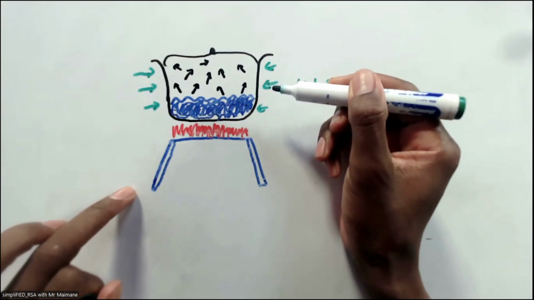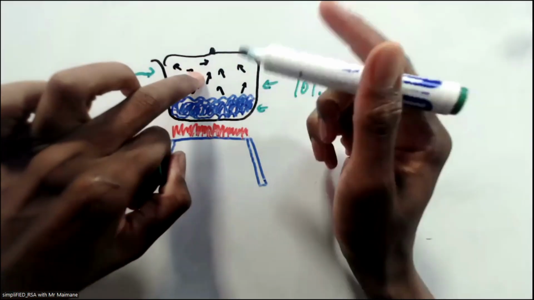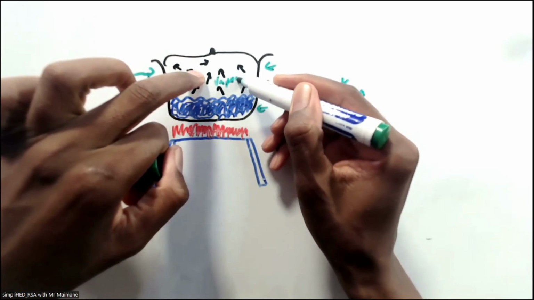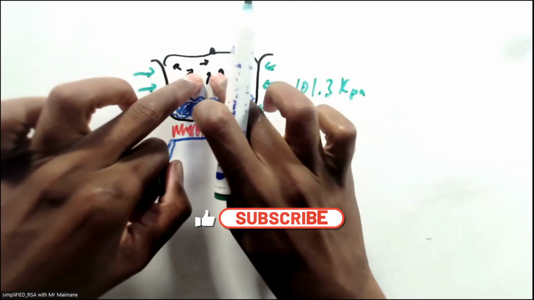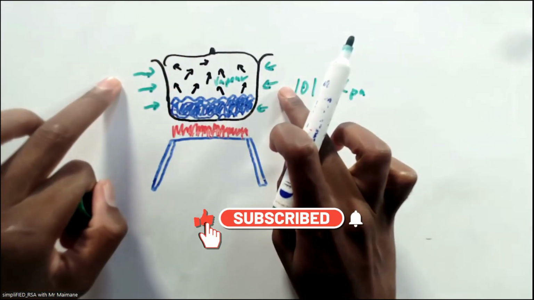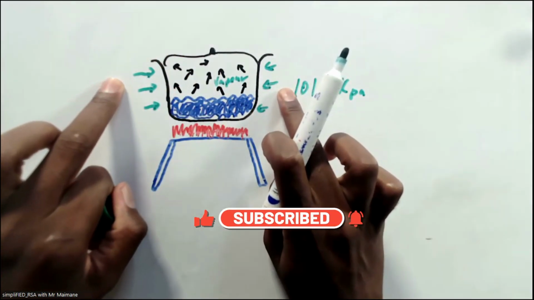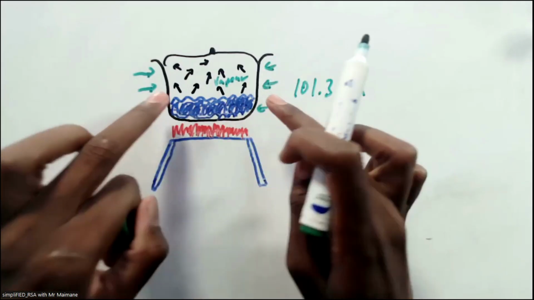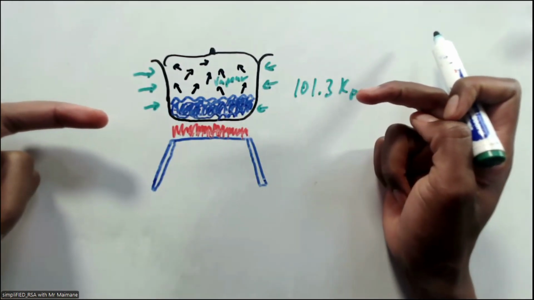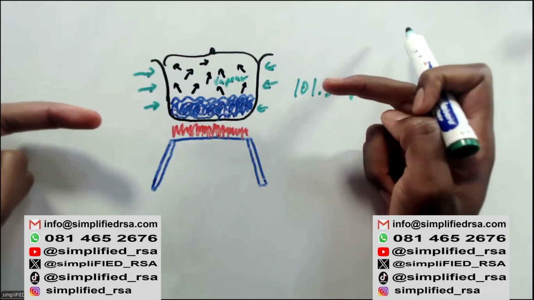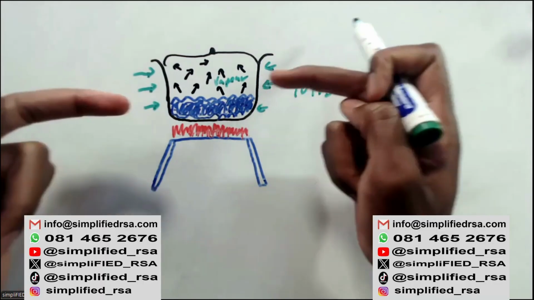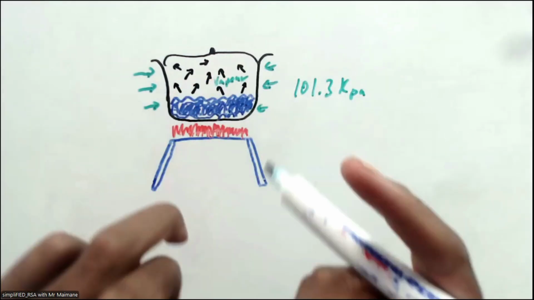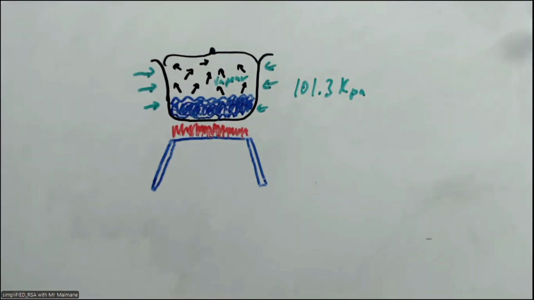The water won't boil until the vapor pressure inside the pot has to be equal to the atmospheric pressure externally for the particles of the water to give up and start boiling. So boiling point only occurs when atmospheric pressure externally equals the vapor pressure internally. That's when boiling starts to occur.